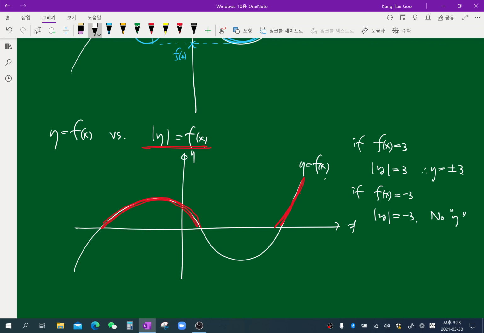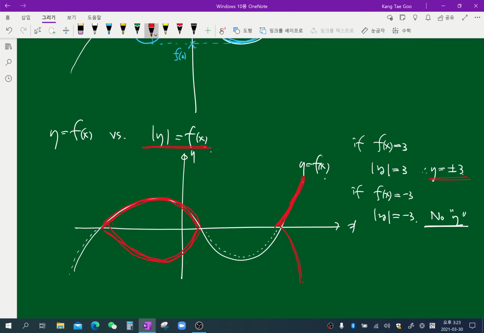So if the original function is underneath the x-axis, then all those graphs will disappear. In this case, we don't have any y value at the end, right? But if the original function is above the x-axis, then we need to put another symmetrical shape underneath the x-axis, because we have two y values for each positive f(x), right?